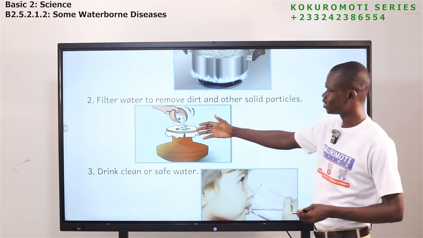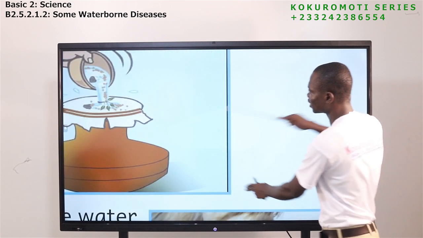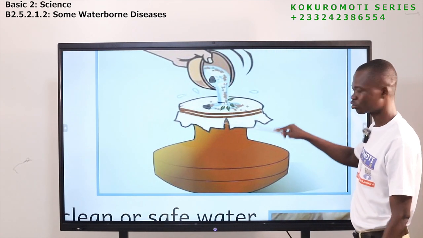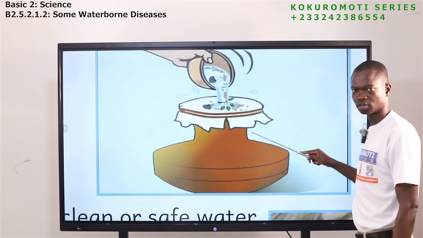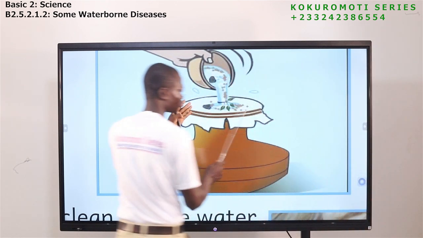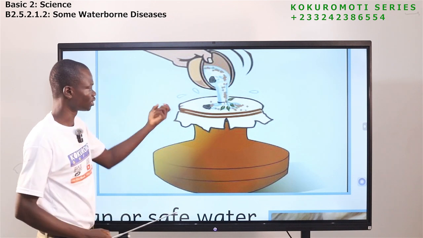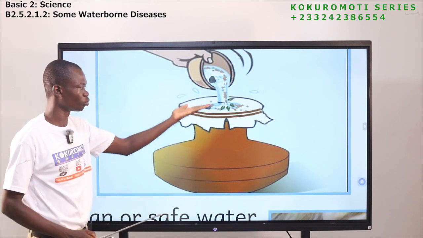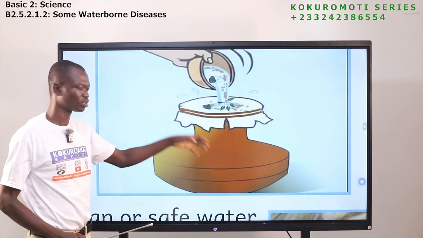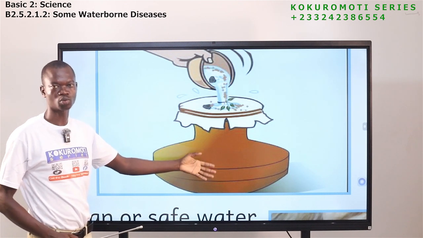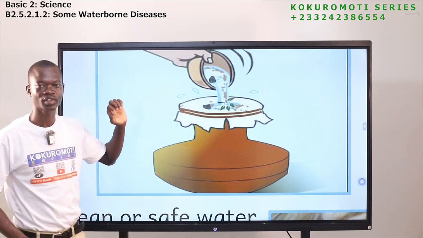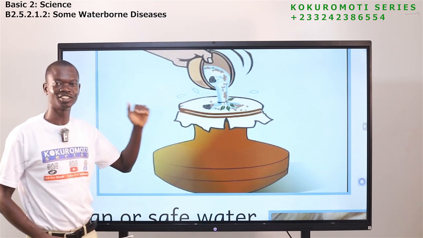So if you do this, let me enlarge it so that you can see it well. If you do this, the water that will pass through the white cloth will not contain any solid particles, because the white cloth will prevent the solid particles from passing through and coming to this side.